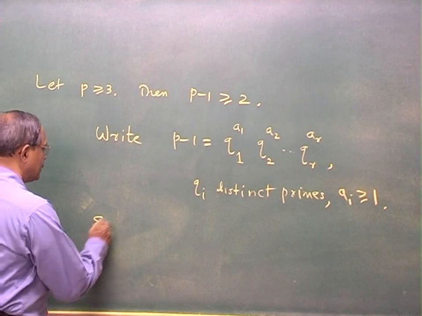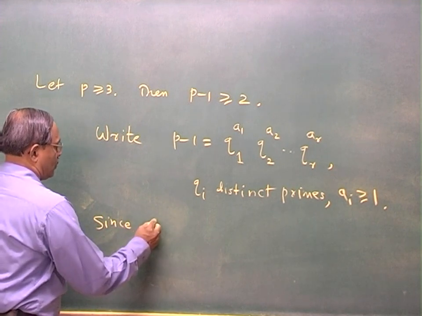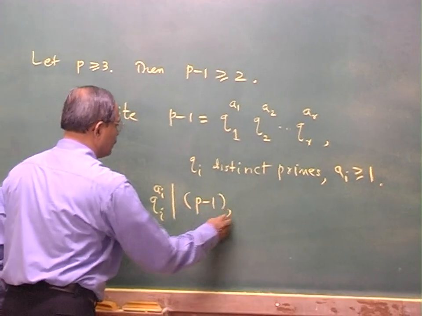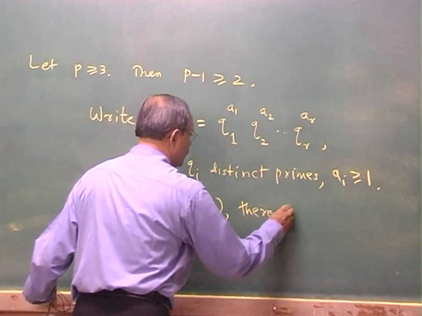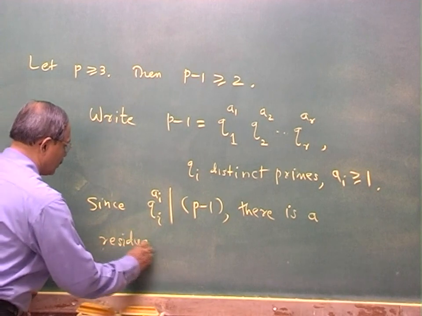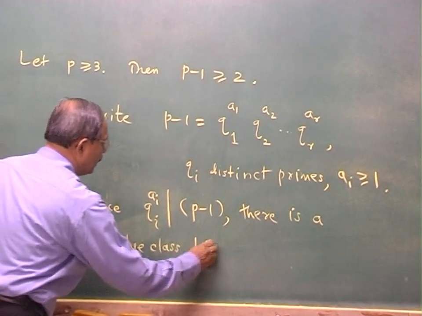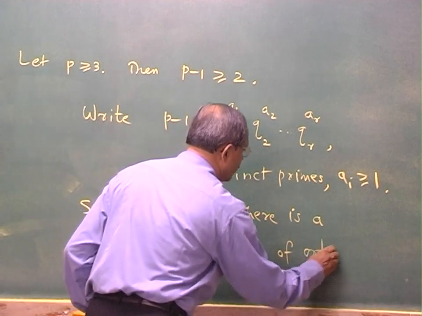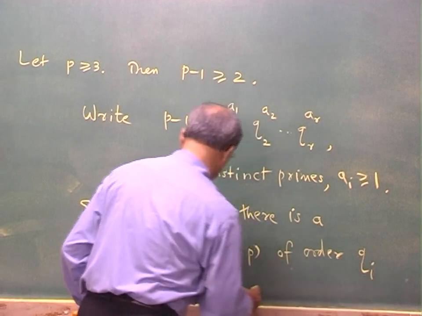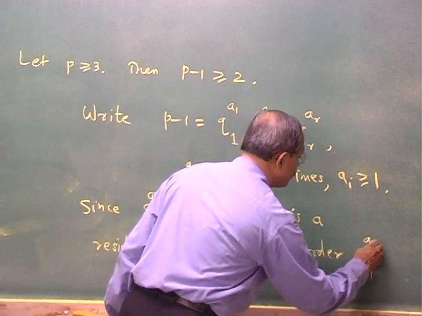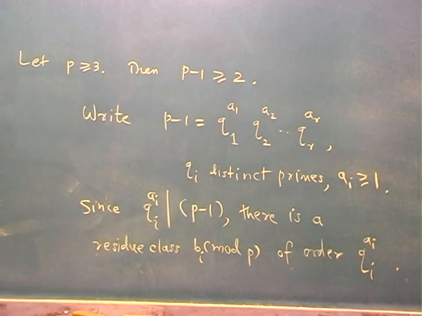Since Qi raised to Ai divides P minus 1, there is a residue class Bi mod P of order Qi raised to Ai. At least one is there whose order is Qi raised to Ai.